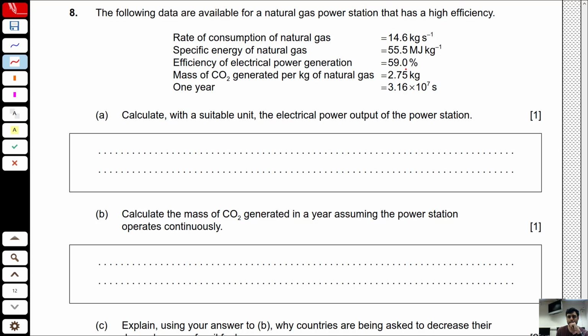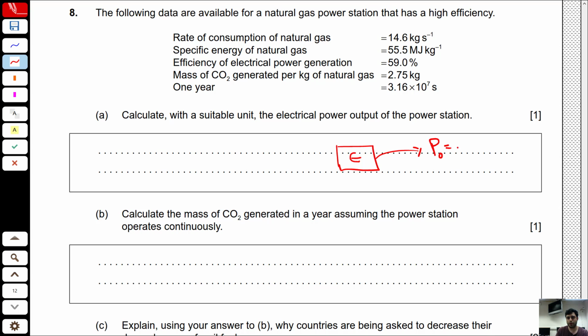We have the efficiency. And the mass of carbon dioxide generated per kg of natural gas is this much, and 1 year has this many seconds. Okay, so imagine this is the generator, and this generator has some efficiency and it has some power output.